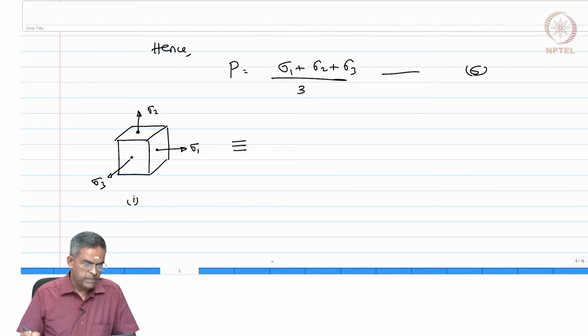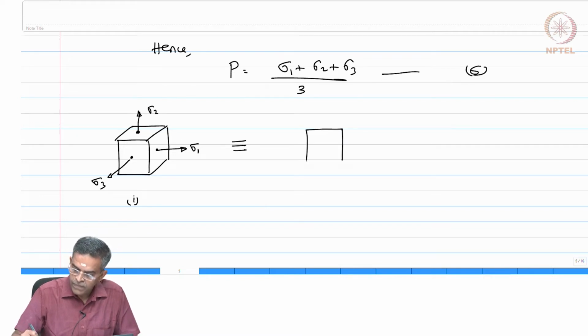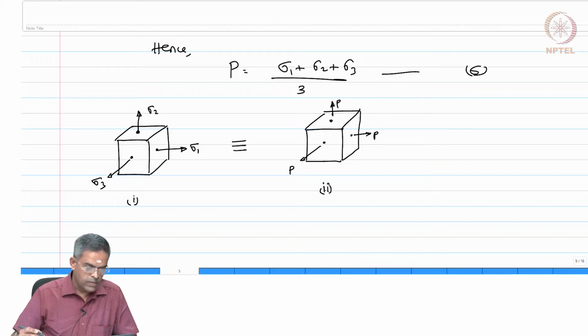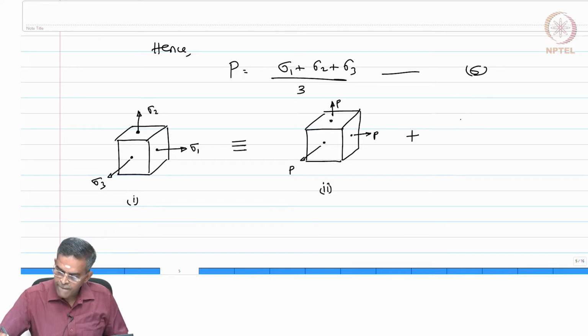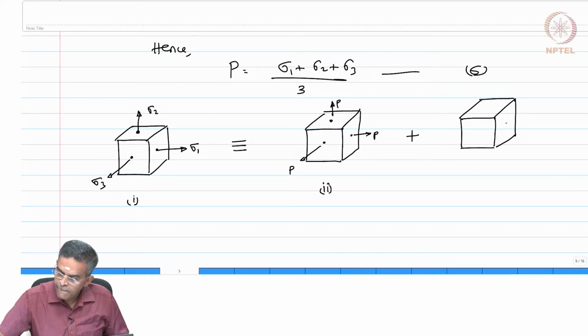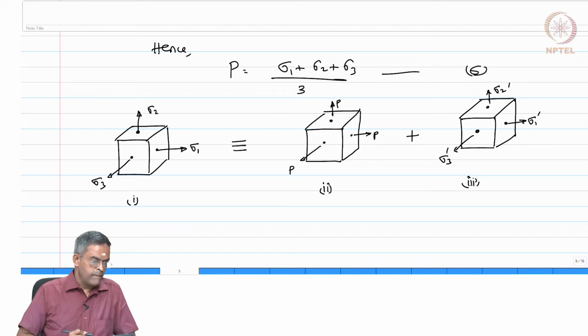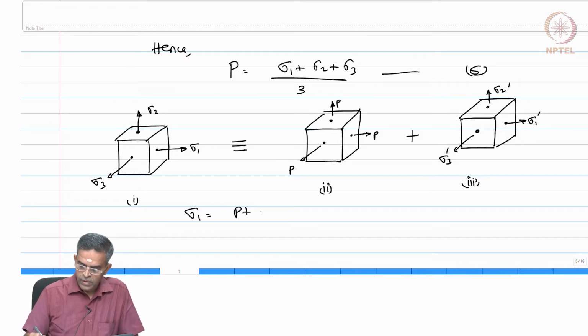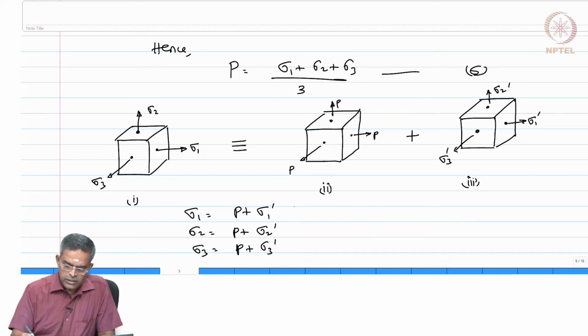This can be expressed as a sum of two states, so sigma 1 is equal to P plus sigma 1 dash; the following relationship holds good.